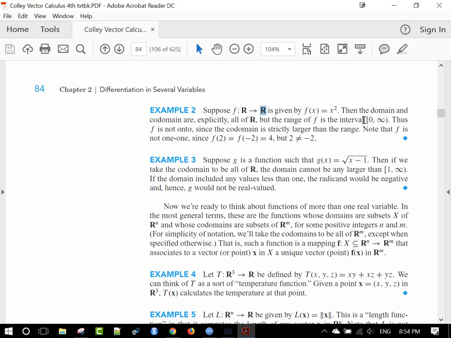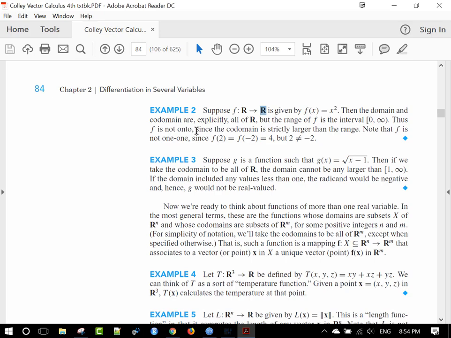So the range is only 0 to infinity, only non-negative. So f is not onto because we specified that the codomain is R, but the range is not all of R. So not all of the codomain gets hit.